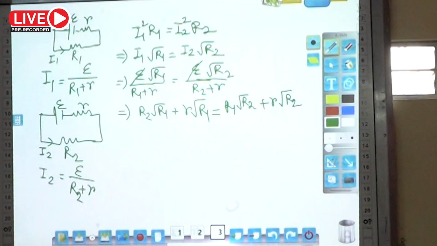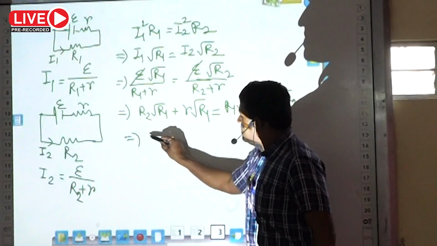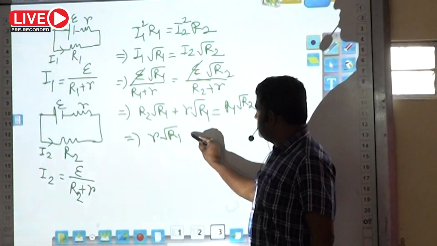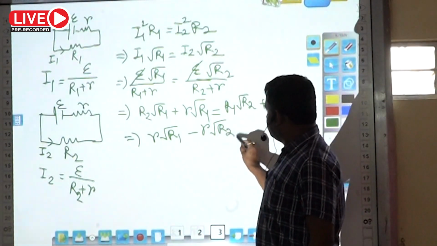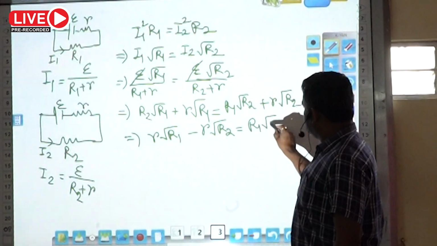See, all of these are coming after cross multiplying both sides. Then all the terms containing small r I take to the left, r root R1 minus r root R2, and other terms are on the right.